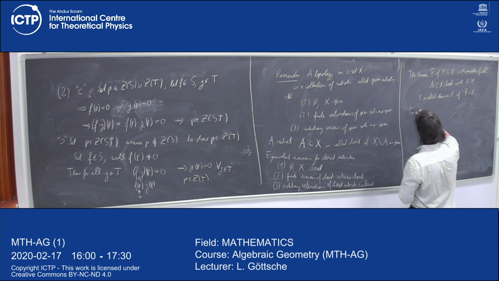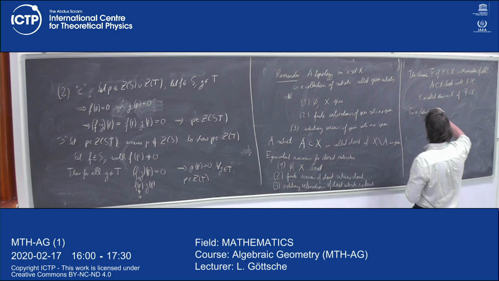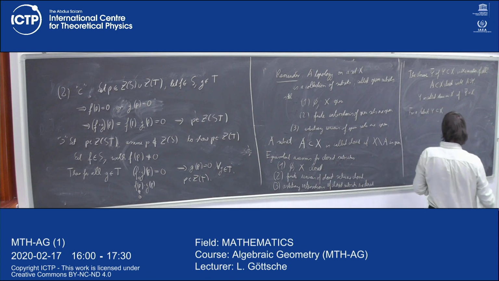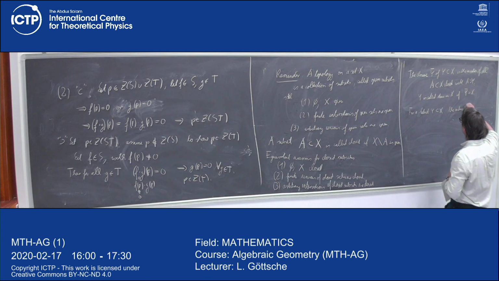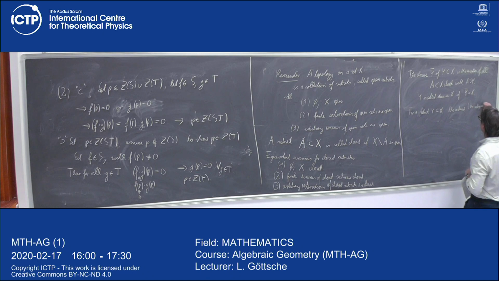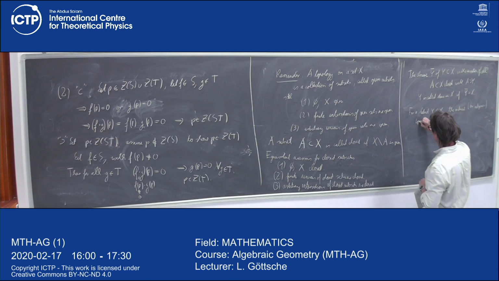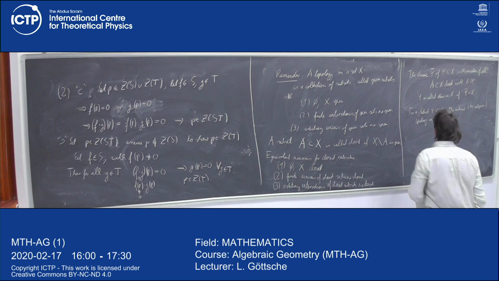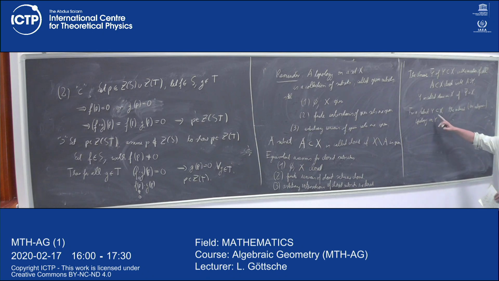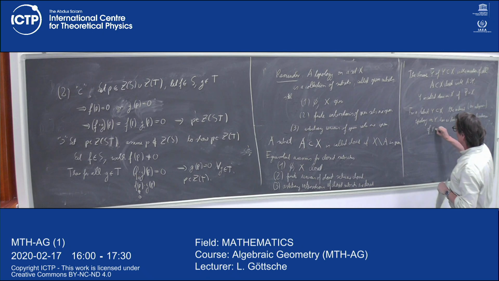So for a subset Y of X, the induced or subspace topology on Y is the one whose open subsets are the intersections of Y with the open subsets of X. We are mostly interested in the closed subsets, and equivalently therefore it has closed subsets the intersections of Y with closed subsets of X.